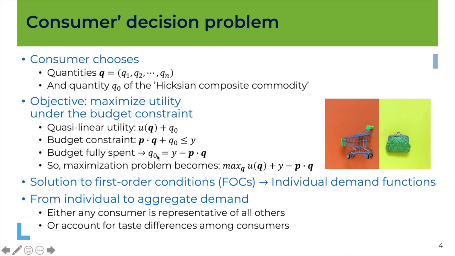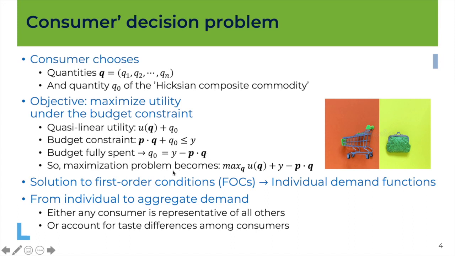Okay, and so in a sense, you can use this equality to substitute Q0 for Y minus P times Q. So Y minus P times Q, sorry, this is what you haven't spent of your budget on your purchase of vegetables. Okay, and so using this equality, Q0 is equal to Y minus P times Q.